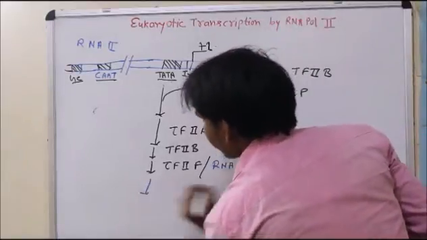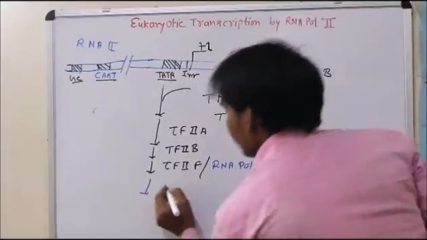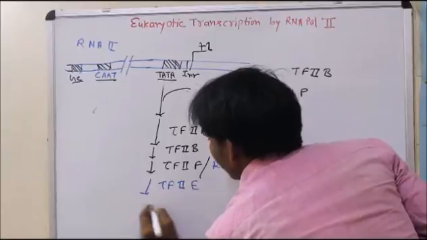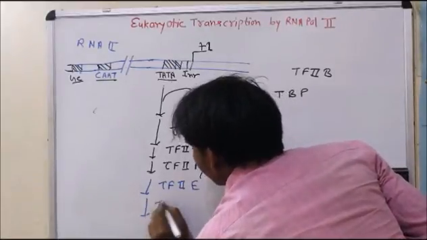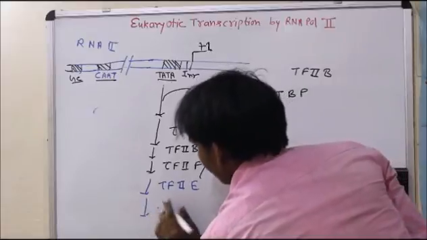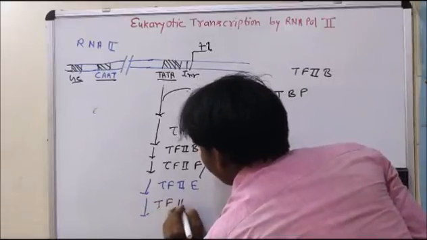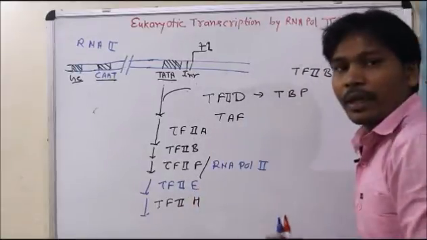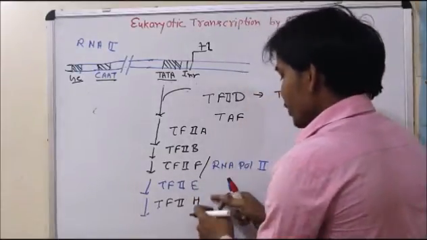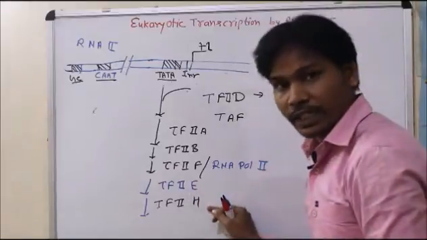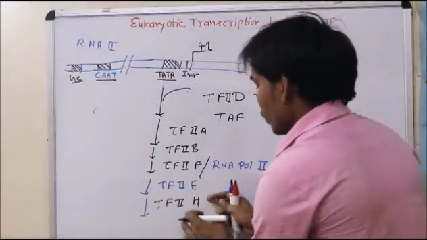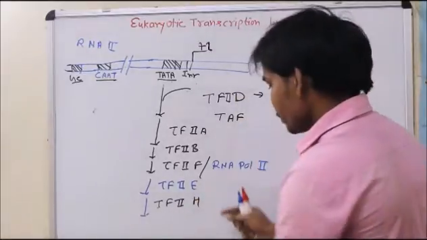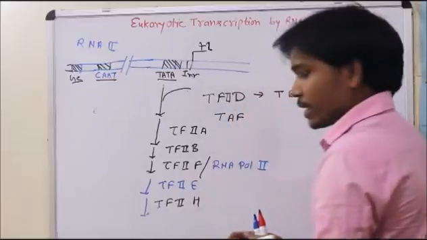Then there are other factors, transcription factor II E and transcription factor II H. E also acts as an intermediate for the localization of transcription factor II H. Then what is the function of H?